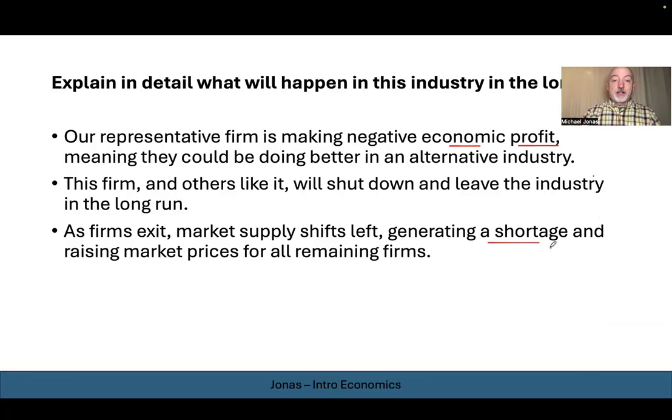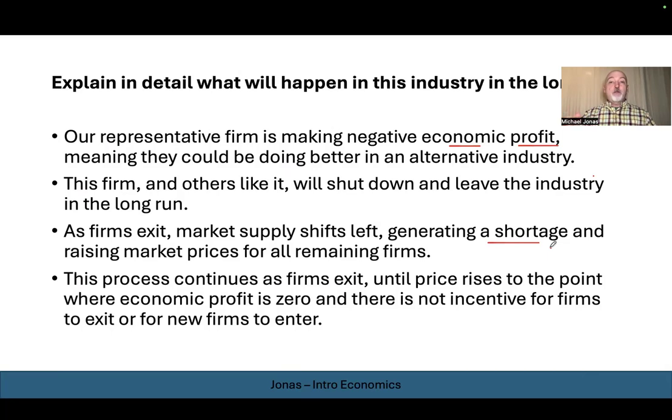And that process is going to continue until enough firms leave such that prices rise to meet that average total cost. Now the firms that have stuck it out, in other words, their contracts haven't expired yet, they maybe wanted to leave, but they didn't, they are now breaking even again.